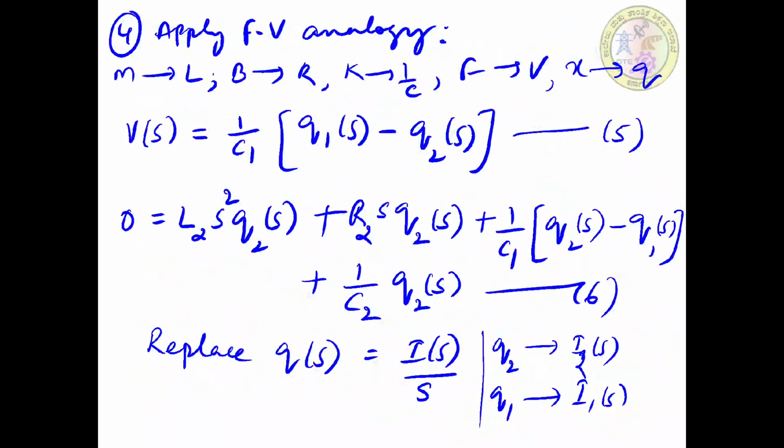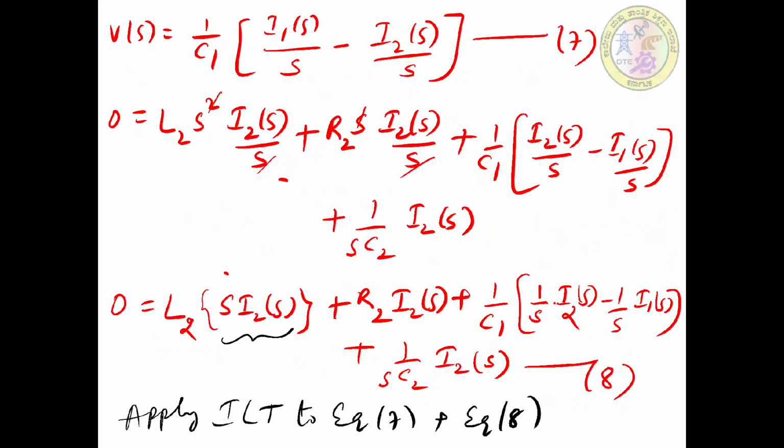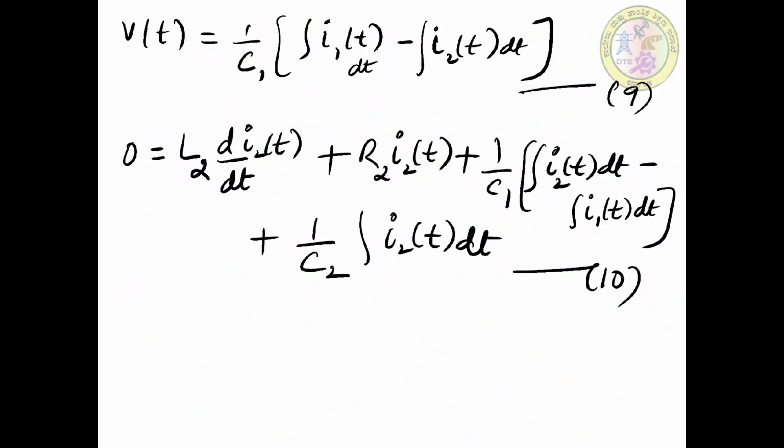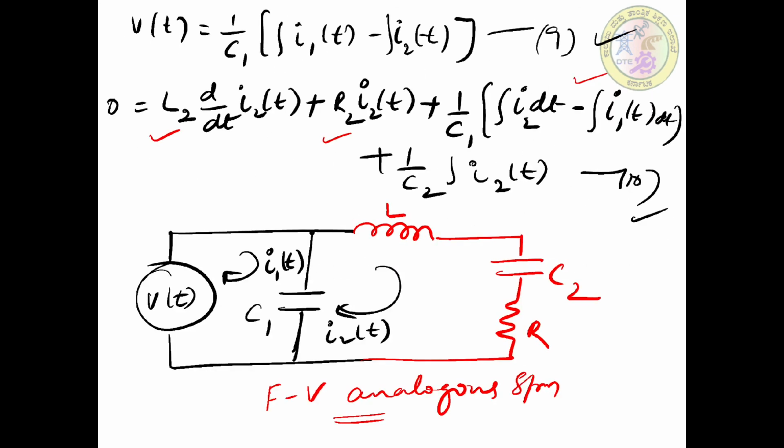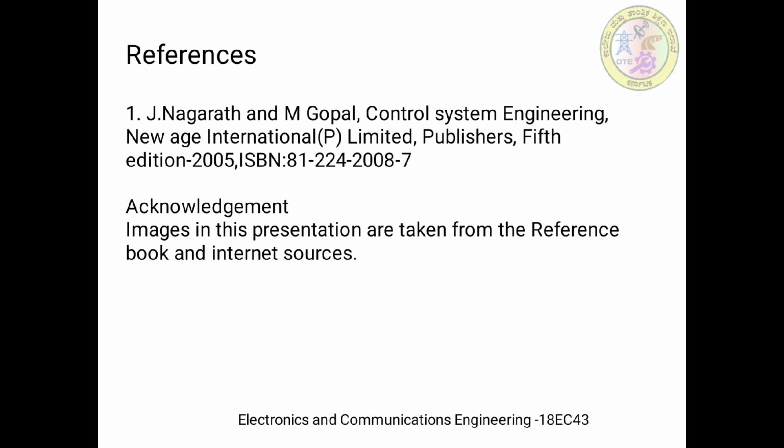Then we rewrite the equations by substituting the analogy terms, and then we substitute Q of S by I of S by S. After simplification, next we apply ILT, and once you apply the ILT, we arrive at two loop equations. Using these two equations, it is possible to complete the analogous electrical circuit. Thank you.